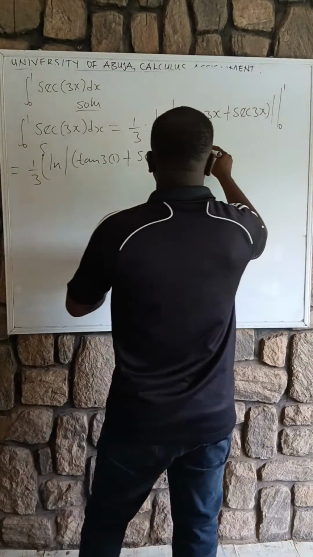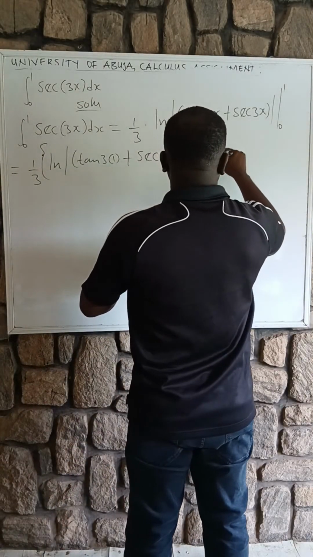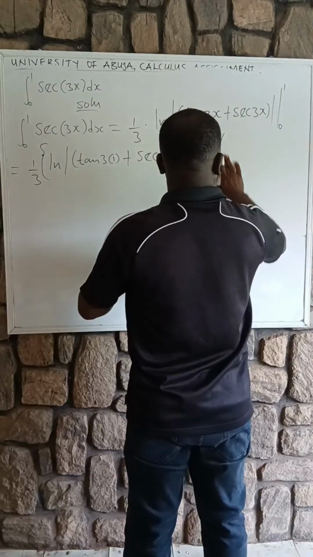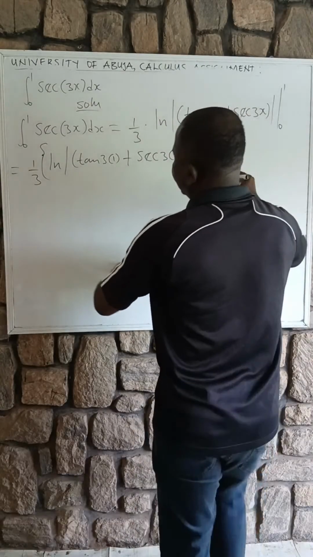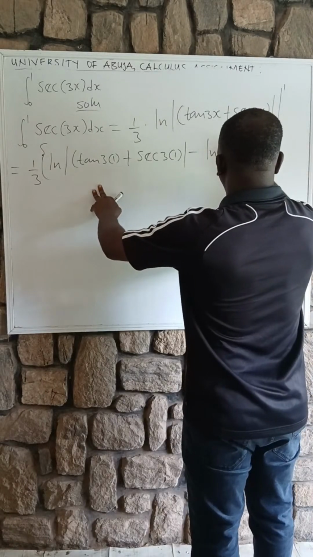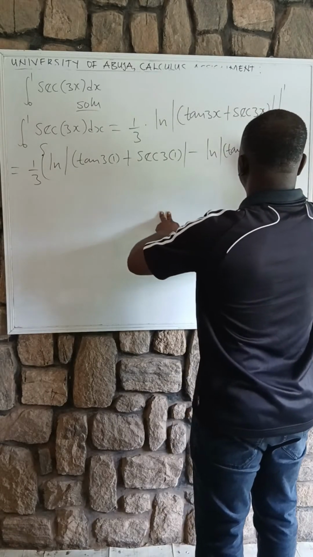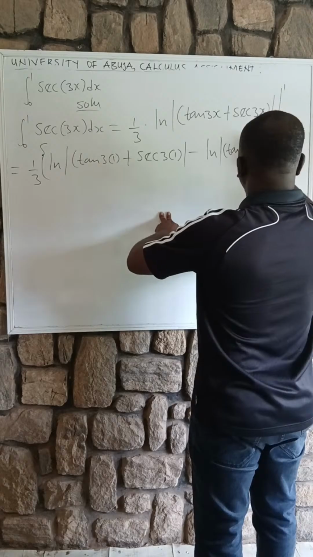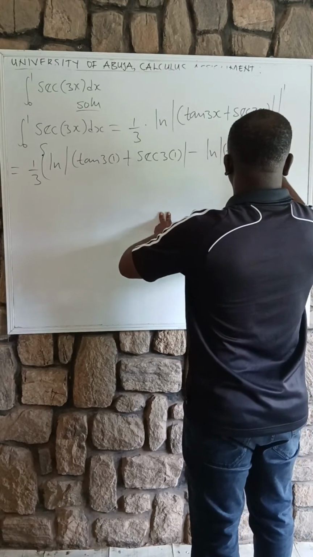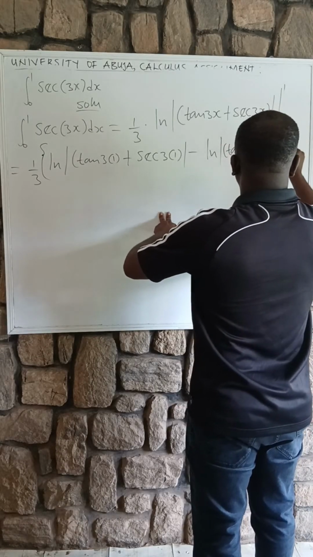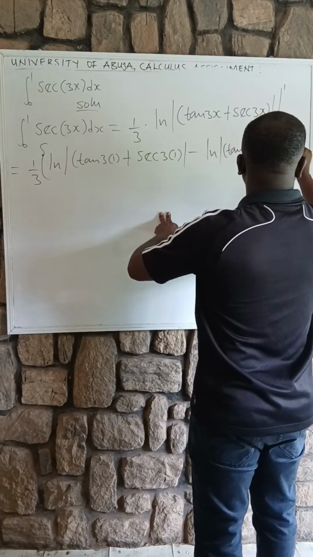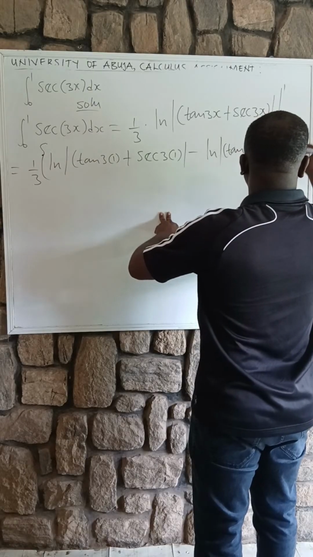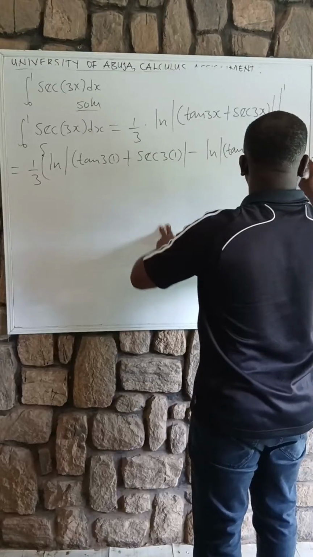Then minus the same thing applied at 0: tan 3 open bracket 0 plus sec 3 open bracket 0 close bracket.